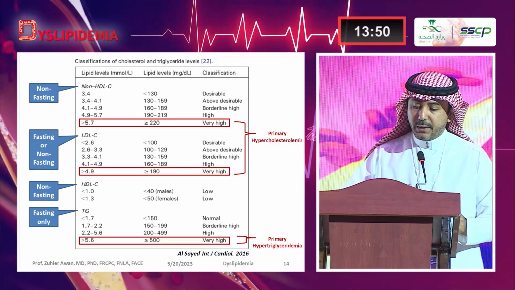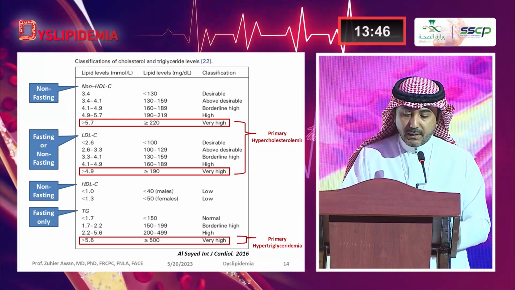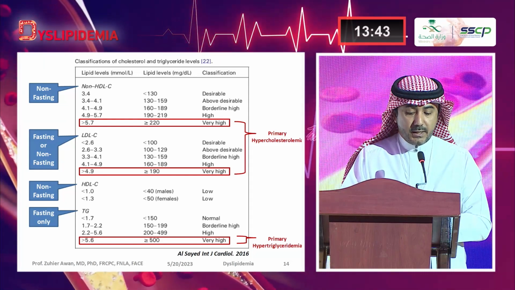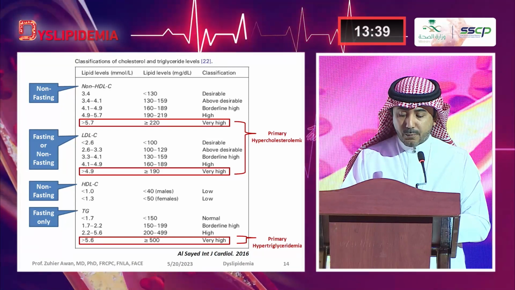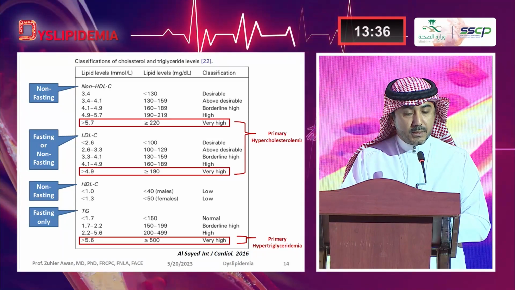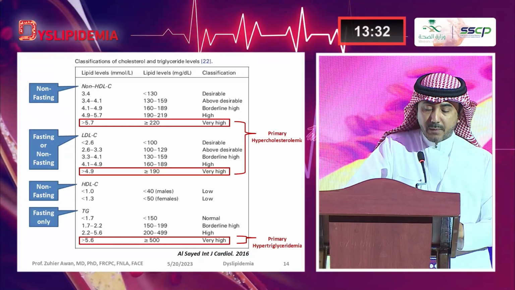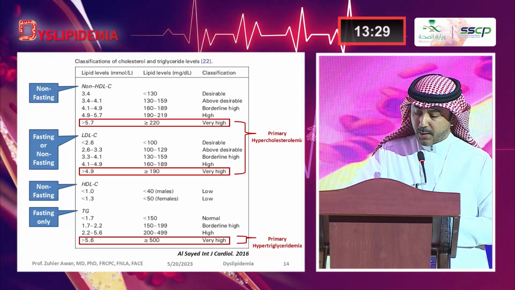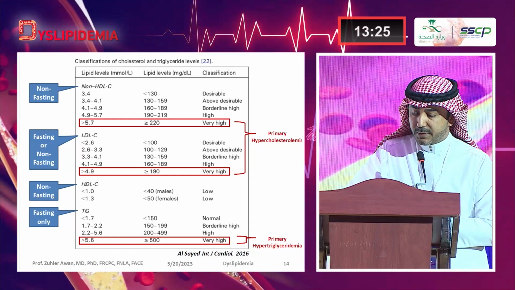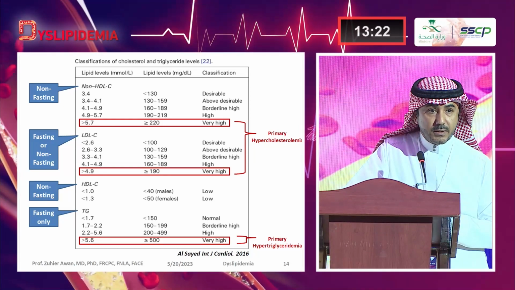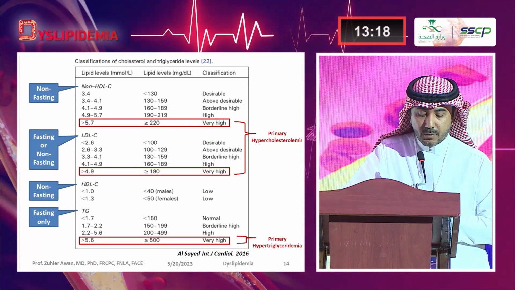Anything above 5.7 non-HDL, which corresponds to 220 milligram per deciliter, is a very high value, or an LDL above 4.9, which corresponds to 190 milligram per deciliter. This is all diagnosis of primary hypercholesterolemia. And if you have a triglyceride above 5.6, which corresponds to 500 milligram per deciliter, this is very high.